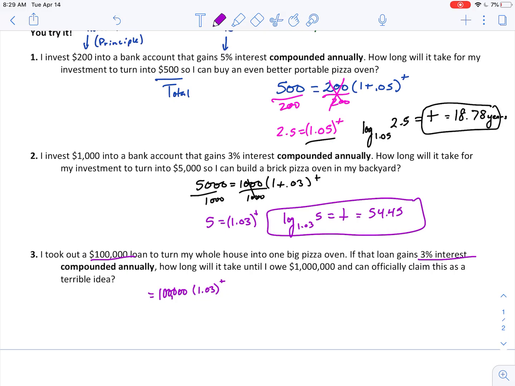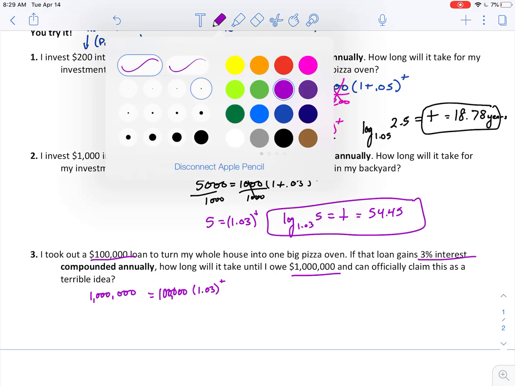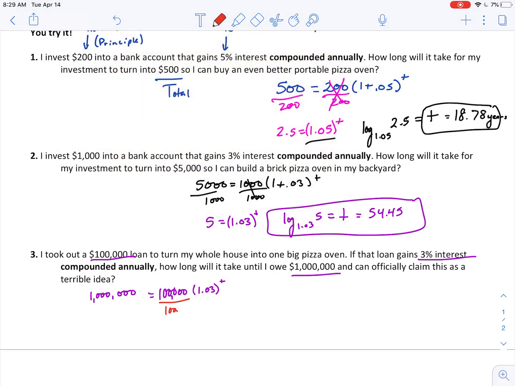And our last one here, I'm taking out an initial amount of 100,000, so that's my principal. 3% interest, so 1.03 to t, and what's my final amount? $1 million. And our first step, as always, we're going to divide by that principal. So 1 million divided by 100,000.